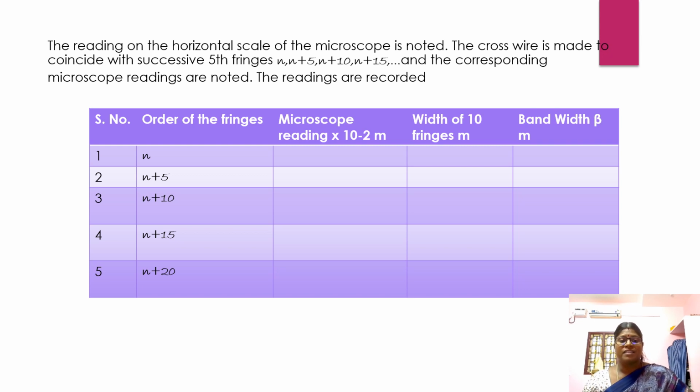By dividing this, we get the fringe width of one band, that means beta. So from the tabular column, we get the average band width beta value. Using the beta value, we determine the diameter of the wire that is introduced between the two glass plates to form the air wedge.